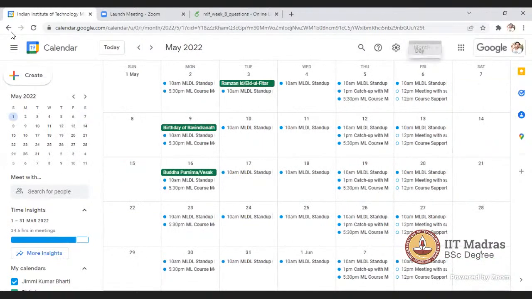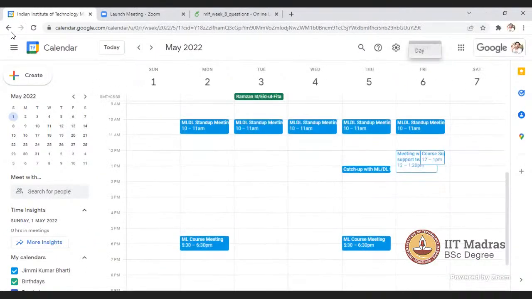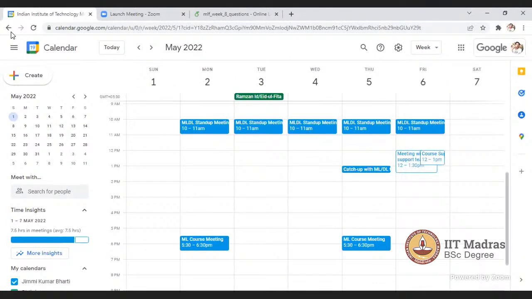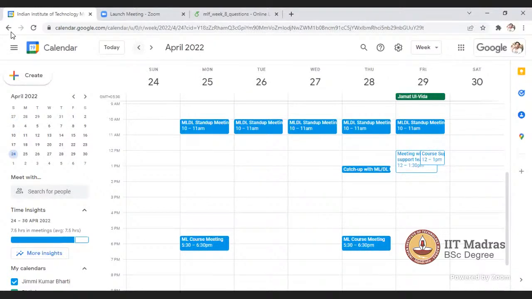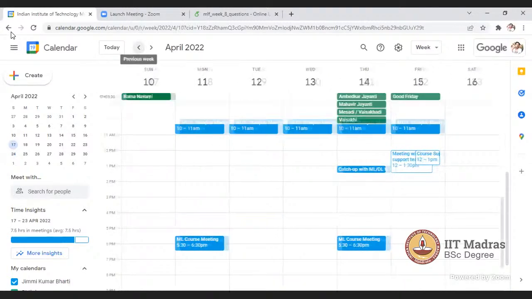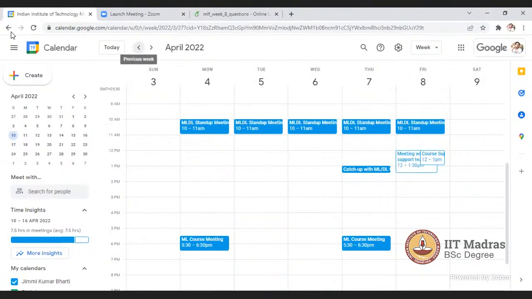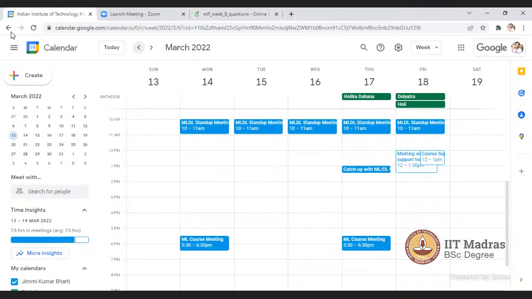Yes, I think they will update the calendar. We can expect that it may be updated later, because for other courses also it is not updated.